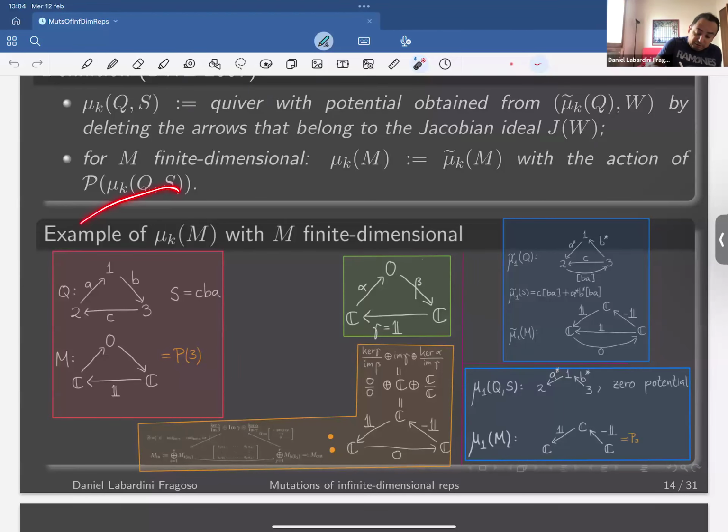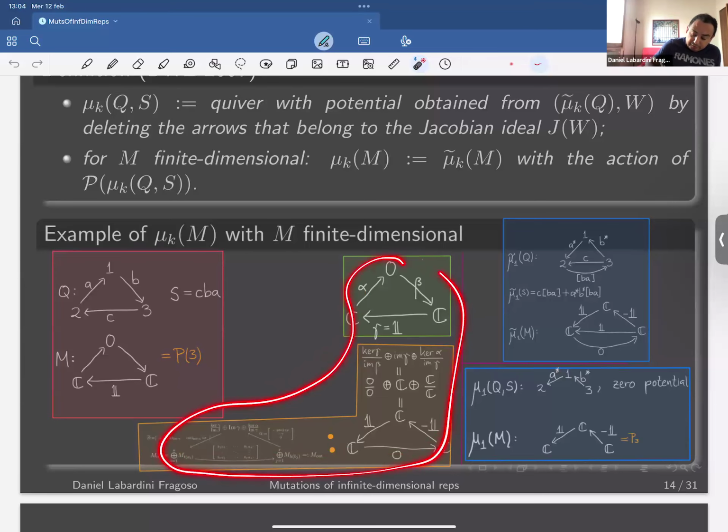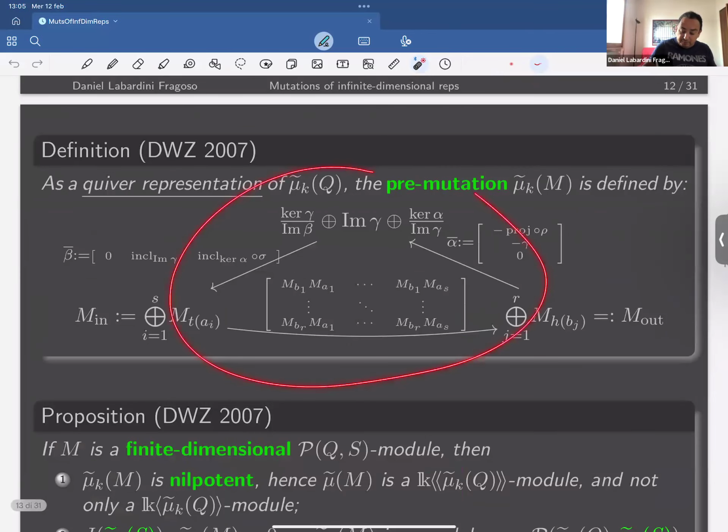Now here what you are seeing is an example, which is this quiver with potential, just the 3 cycle with S being the 3 cycle itself, and you have the projective at 3 of the Jacobian algebra, and here is the whole information of the mutation process that I described earlier.